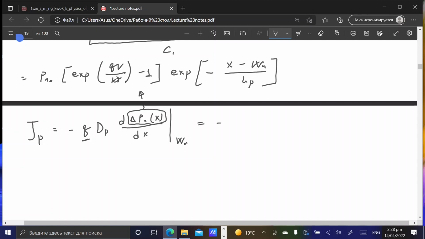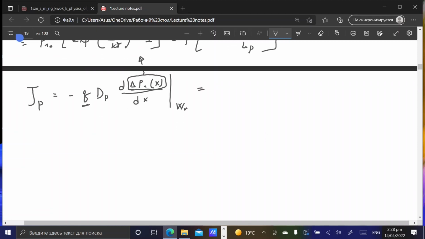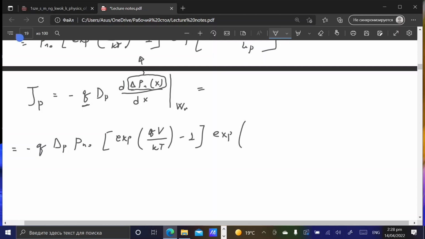So now we can write that it will be equal to minus, maybe I can write it from already here so we have it in one line, minus Q times DP times Pn0 times exponent of (QV divided by KT) minus 1, times exponent of minus (Wn minus Wn) divided by LP.